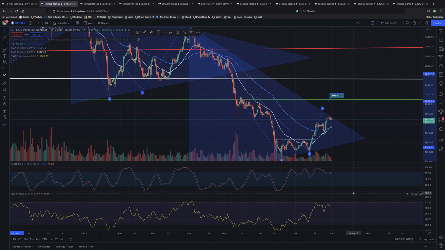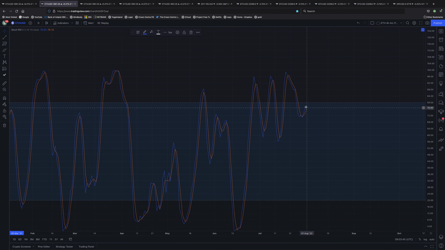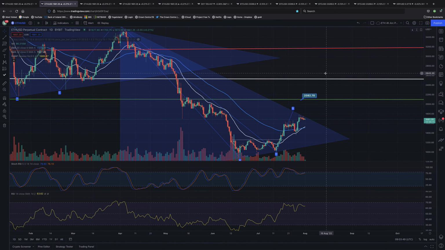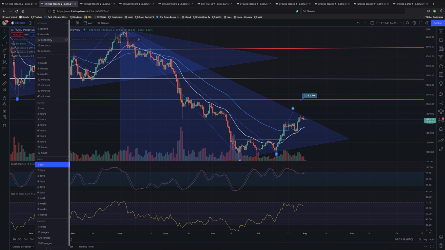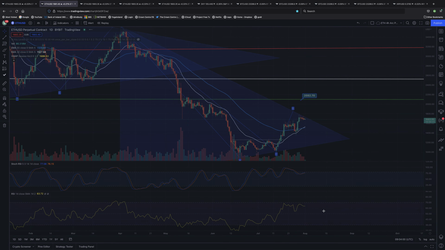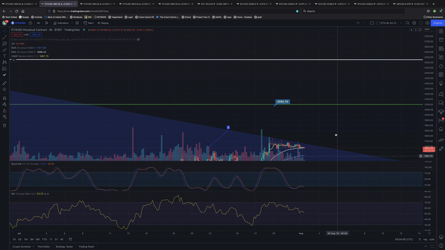Now, there is a little bit of contradictory information here in the charts, because the stochastic on the daily, the blue line, there's a name for that, I don't remember it now, has turned slightly downwards. I believe the stochastic on the 4-hour is coming down as well, and the regular stochastic on the 4-hour needs a breather as well to the downside.